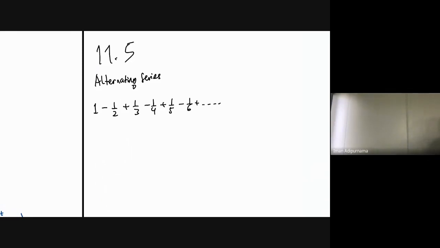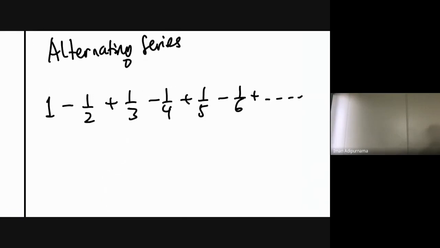And first, before we do the convergence and divergence test, we need to define the pattern, the formula first. So it starts from +1, and then negative, and then positive. Every time you see negative, positive, it should have this -1 with the power of something.